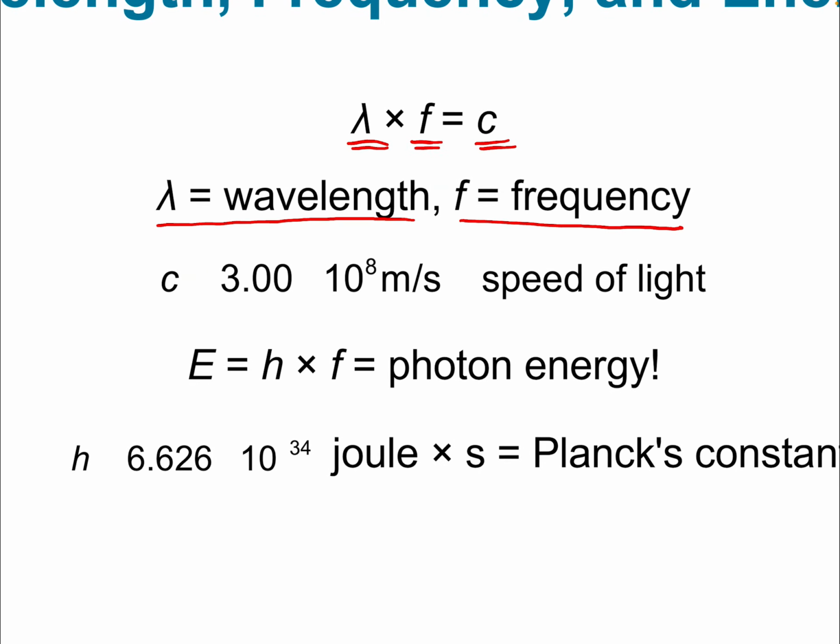C is the speed of light, a fundamental constant, never changes, right? It's not 3 times 10 to the 8 meters per second sometimes, and sometimes a different value. It's always 3.00 times 10 to the 8 meters per second, okay? All right, and this is in the meters version because meters are the fundamental unit, even though you often see it in kilometers. We would read this as 300 million meters per second.